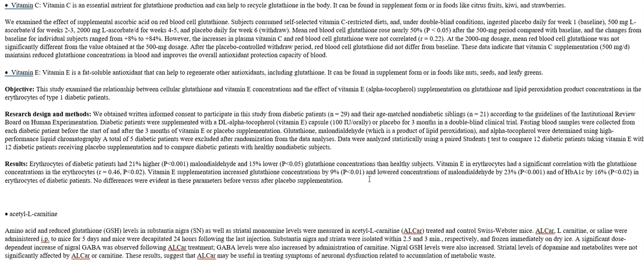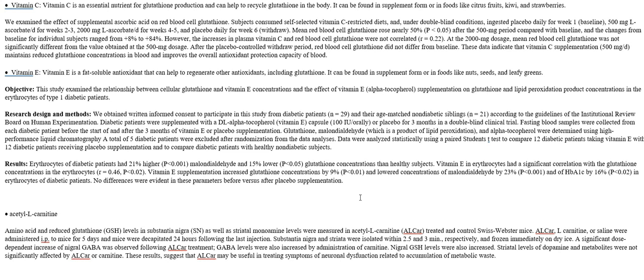The results were: erythrocytes of diabetic patients had 25% higher malondialdehyde, with a p-value of less than 0.001, and 15% lower glutathione concentrations, with a p-value of less than 0.05, than healthy subjects.